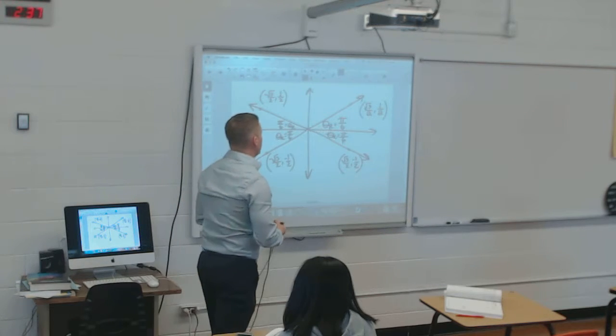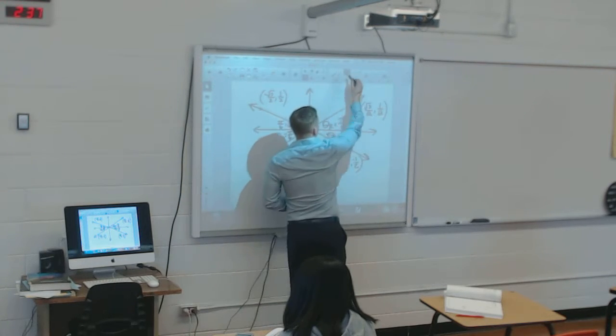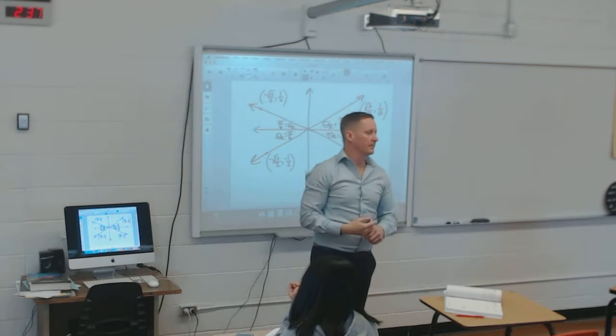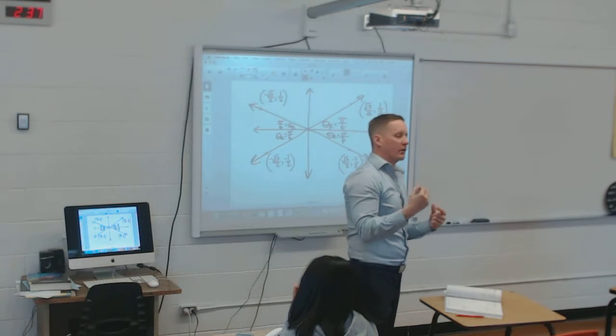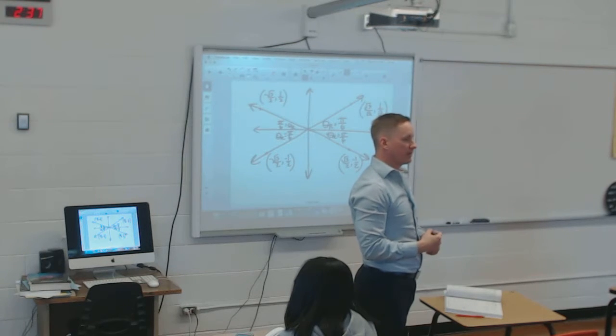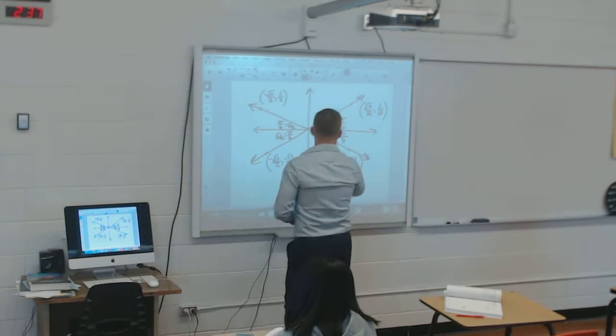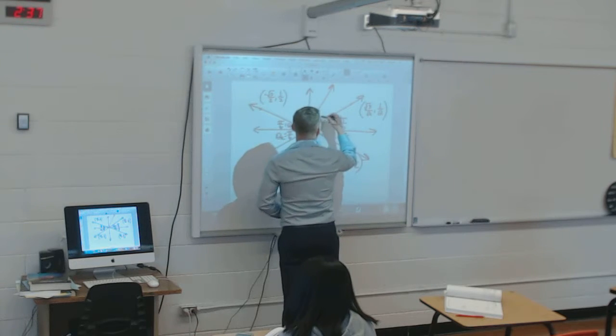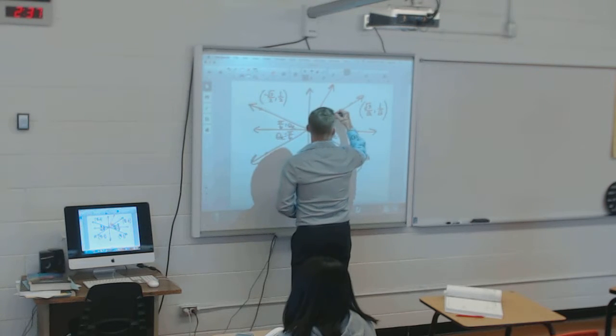Okay, so what if I said to you, all right, you don't have to write this down, but what if I said to you, I want all the coordinates for pi over 3s, where the reference angle is pi over 3. So what am I talking about? Up here, reference angle pi over 3.